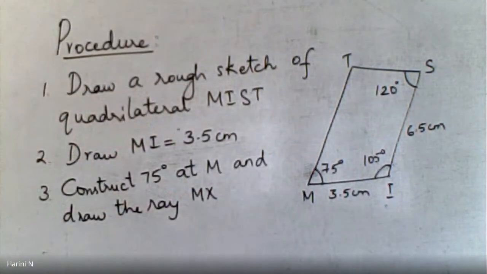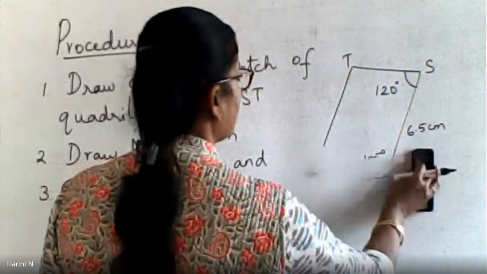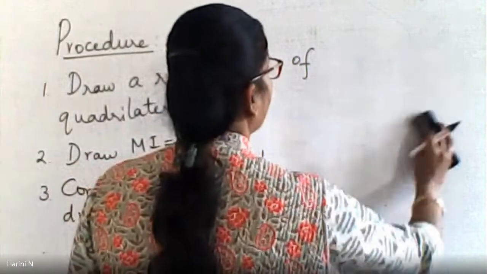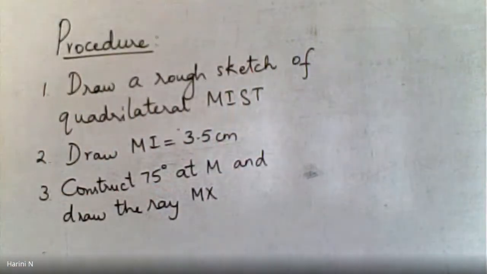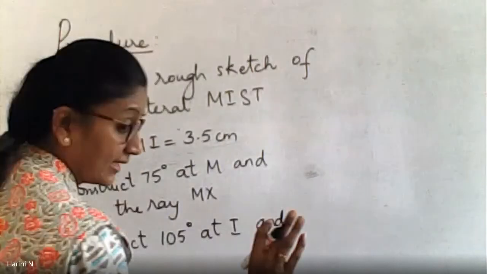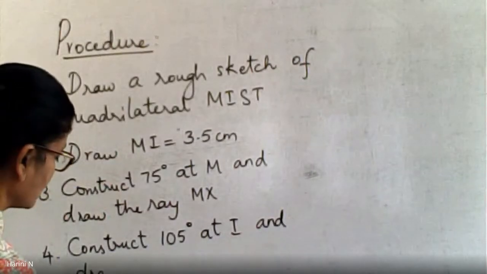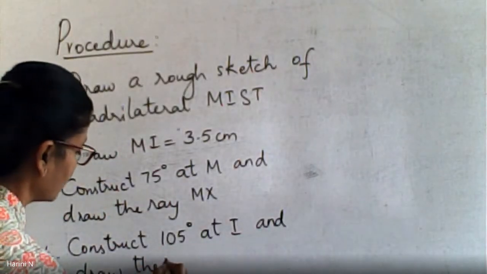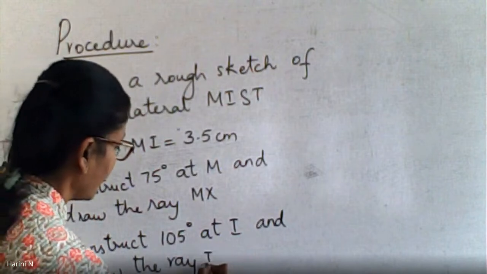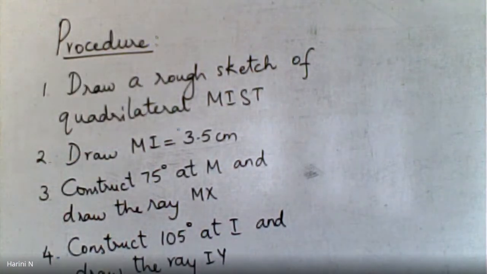Then what was the next step? What was the next angle? Ma'am, construct 105 degrees at I, draw the arc and draw the ray. What was the ray called? IY, maybe I named it as IY.